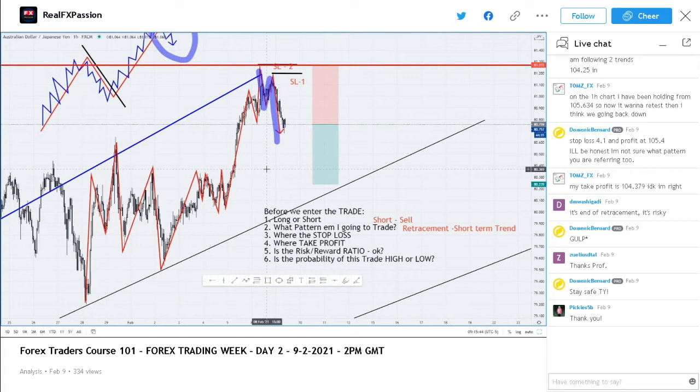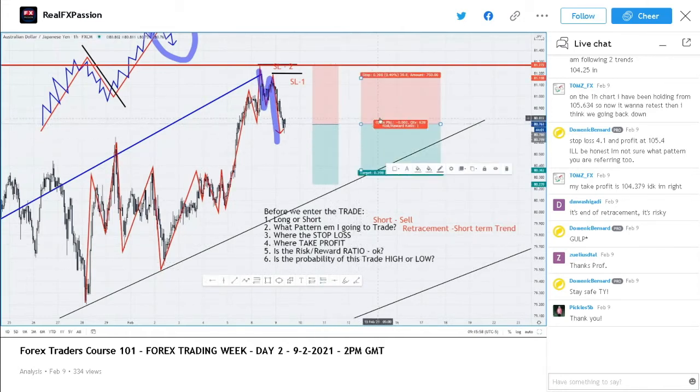Denti says 81200. Okay, stop loss number 1 and take profit 8030. Okay, so we have another trader entering here. So stop loss is going to be 81200 and the take profit is going to be 8300.